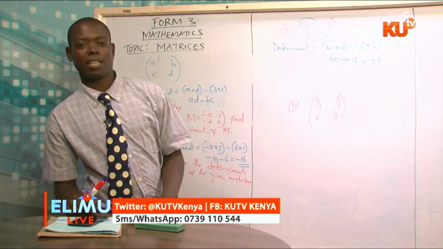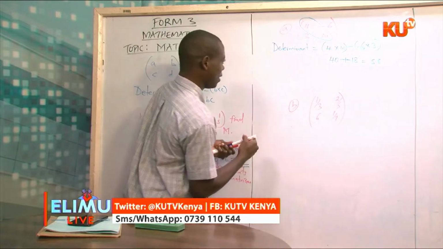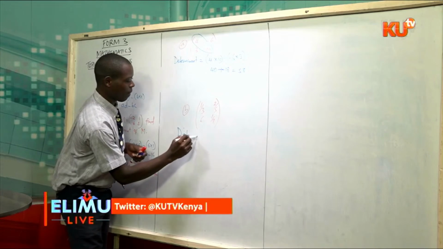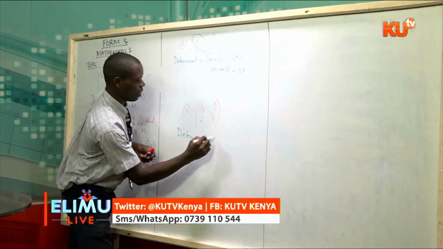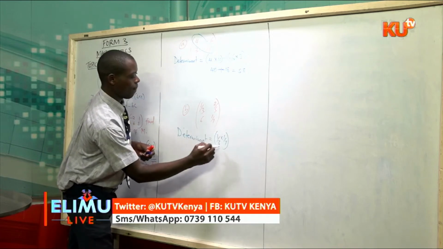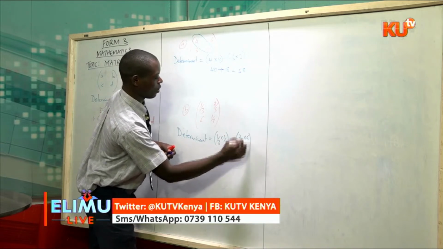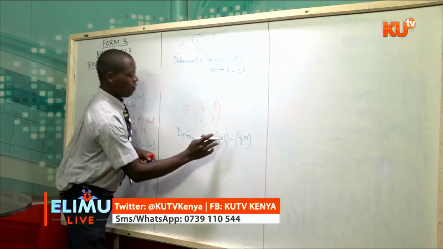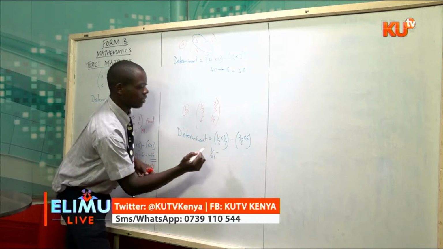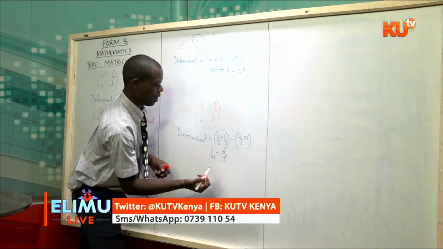We will work out the same way: the determinant of this matrix will be equal to 1 over 3 times 1 over 7, then we minus 2 over 5 times 6. 1 over 3 by 1 over 7, that is 1 over 21. We minus 2 over 5 by 6, which is 12 over 5.